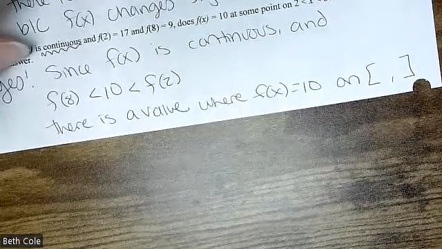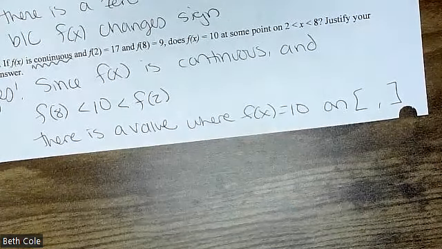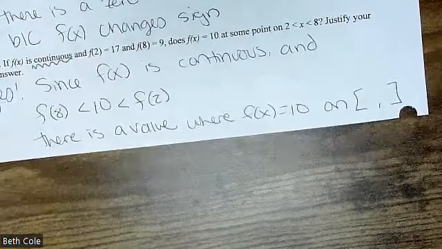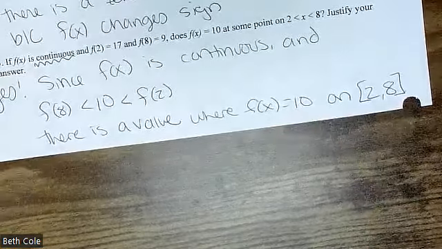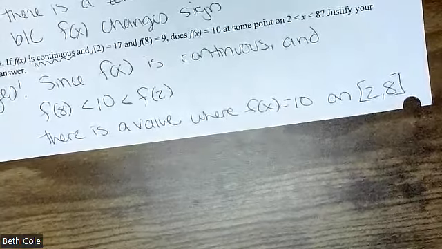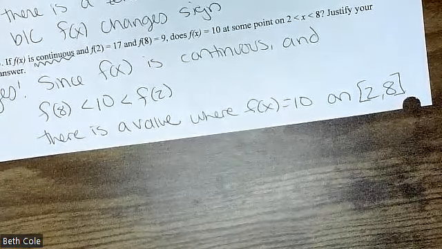What was our interval? From where to where? Look back at the problem. You're kind of just repeating the problem. On 2 to 8. Always just reread the problem because you're kind of just repeating the problem back to itself.